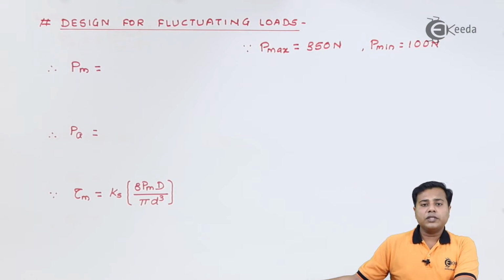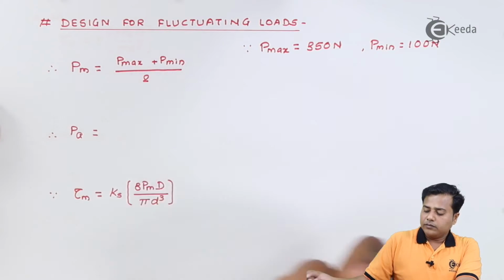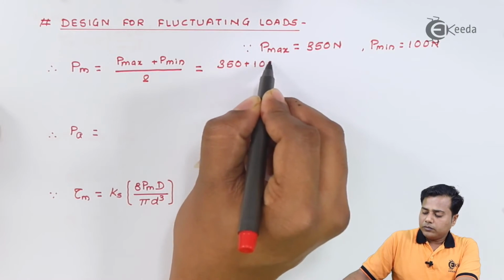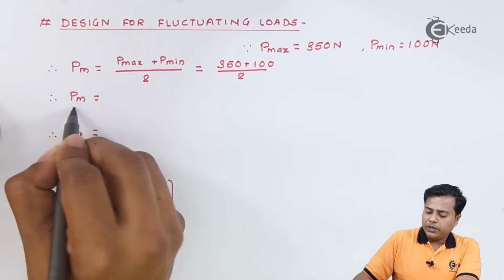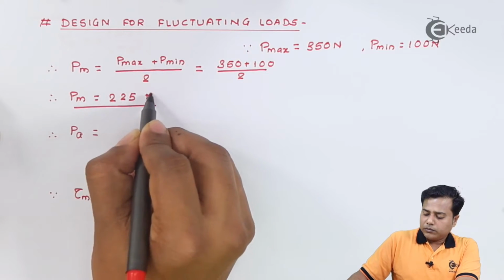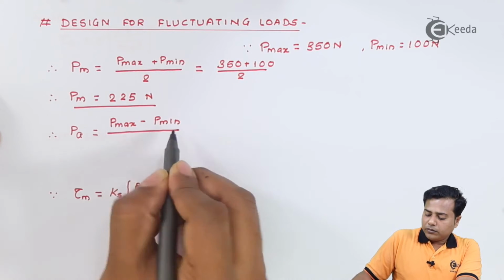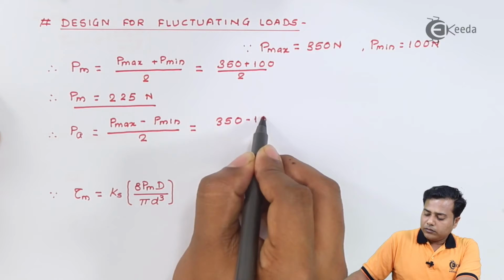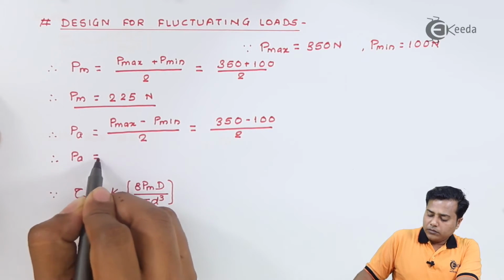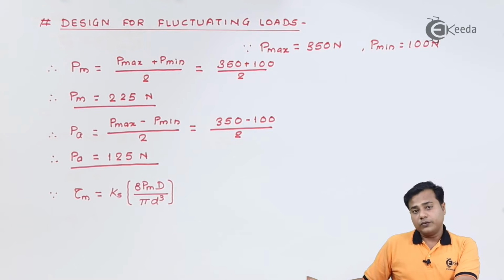Now considering these two forces, we need to find out the mean force and the amplitude force, based on which the further design is based. So these are the two important factors which we are going to use.